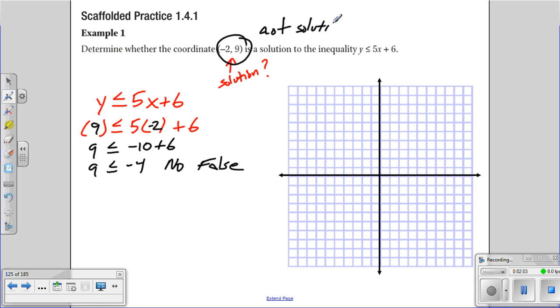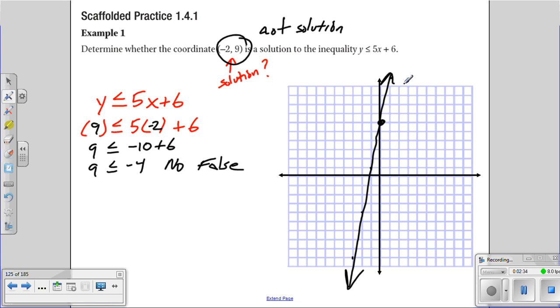Okay, so let's go ahead and take a look at what the graph looks like. Based on what we know about graphing, I'm going to find my starting point and my rate of change, which is up 5 over 1. I'm just going to draw a line here with some guide points, and it goes forever.